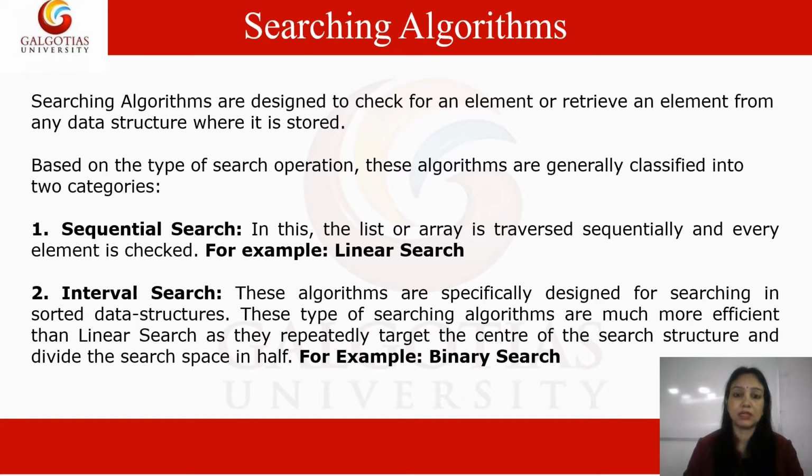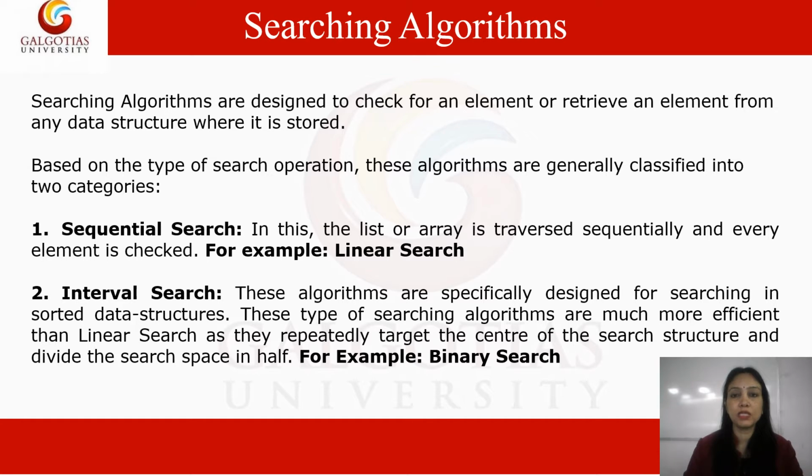In this, the list or array is traversed sequentially, meaning elements are checked one by one, and for sequential search we have one example called linear search. Now the second type is interval search.